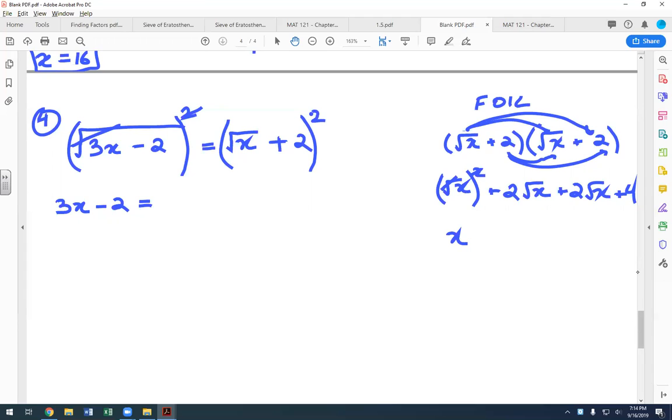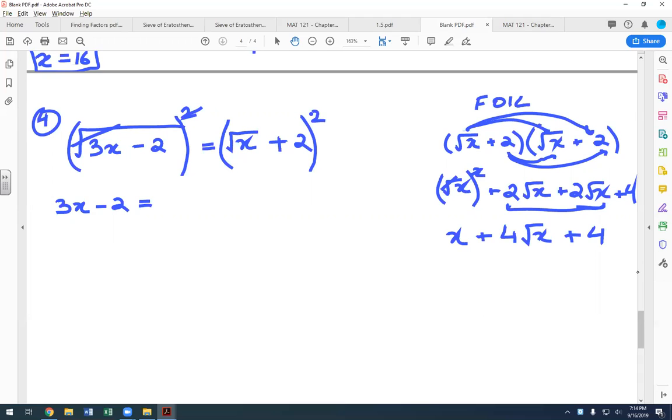All right, so for my first terms, I multiplied the square root of x with the square root of x. I got square root of x to the second power, so these two cancel each other out, just leaving us with the x. You will be able to add your middle terms here, which will be 2 plus 2, which is 4 square root of x, plus 4.